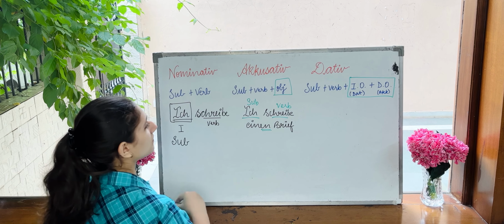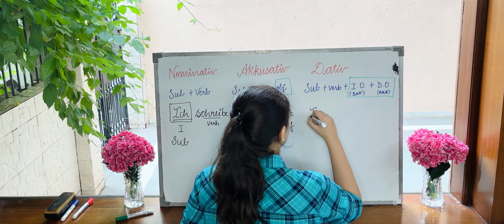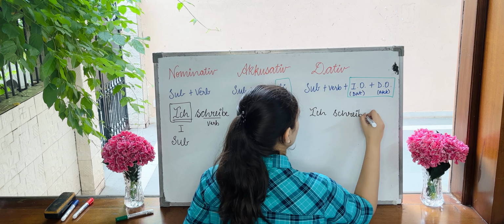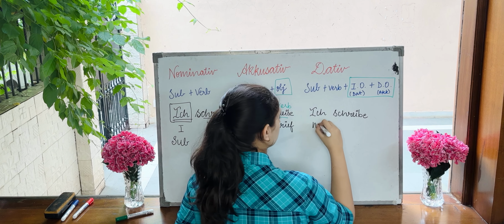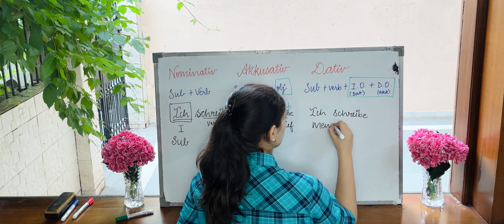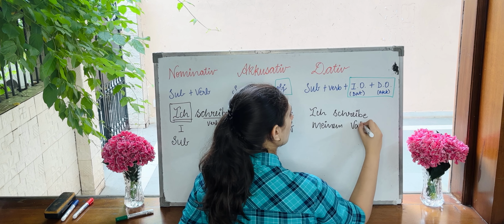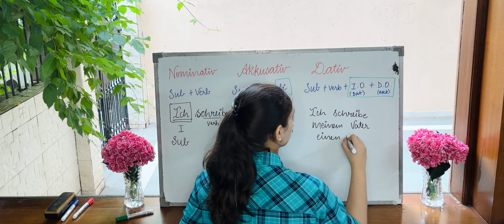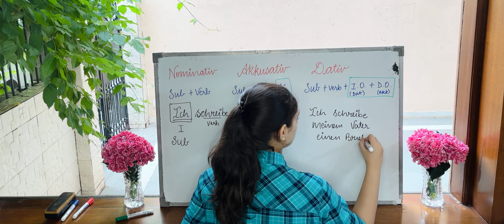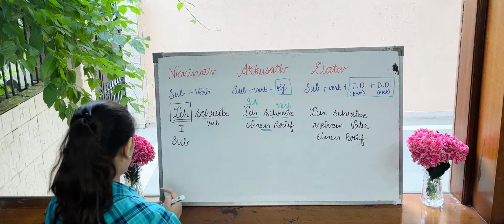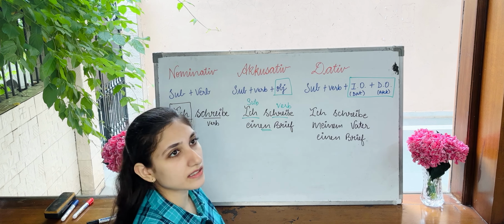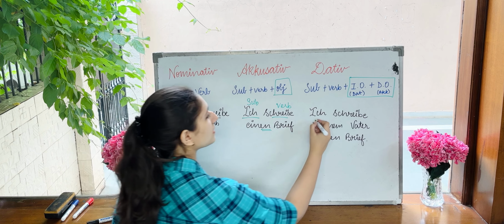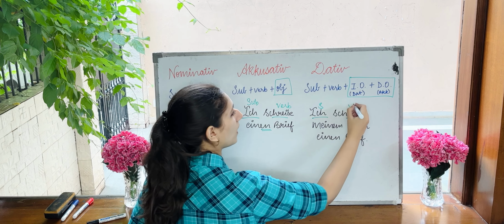Then let's go with dative. For example, ich schreibe meinem Vater einen Brief. Focus on the ending of meinem Vater. Literally, if we translate, I am writing a letter to my father. Again, we know the commonalities: subject, verb.